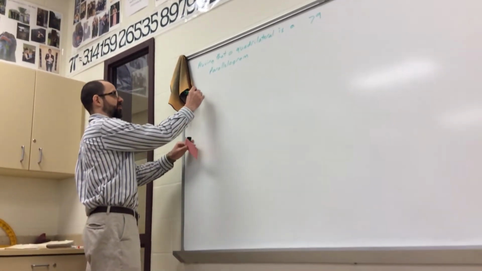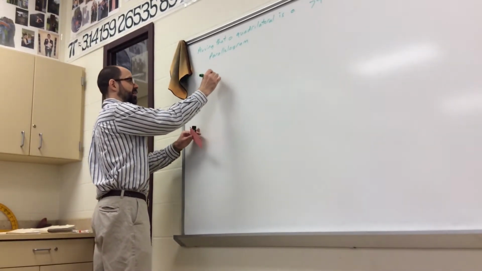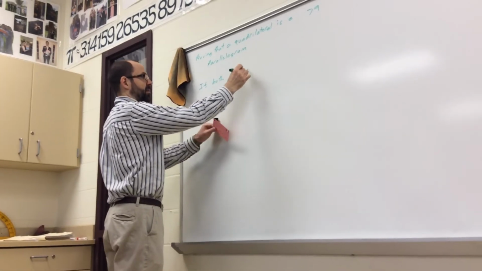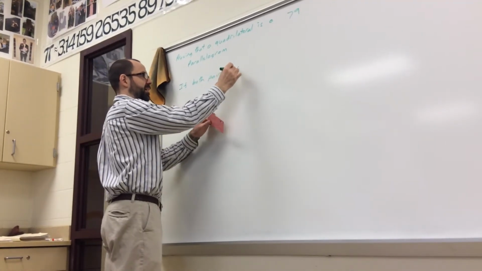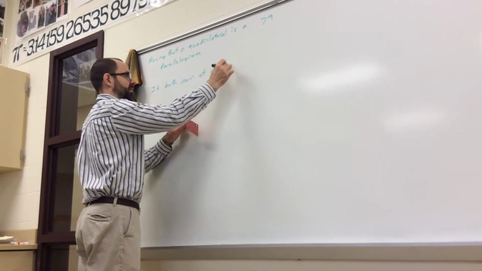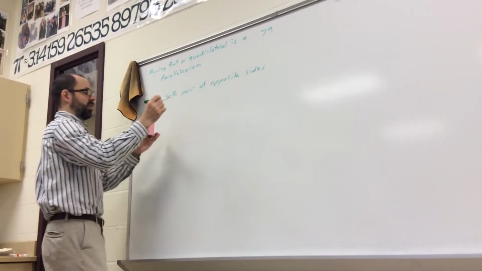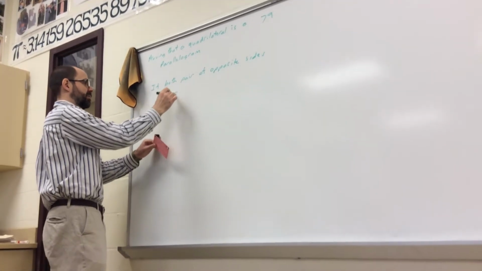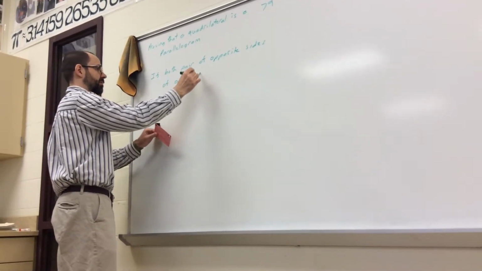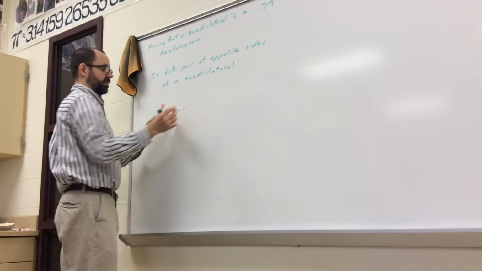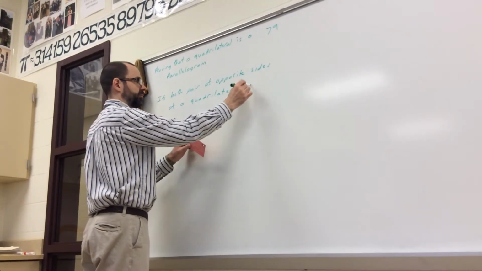All right, so the first fact says that if both pair of opposite sides of a quadrilateral are congruent.